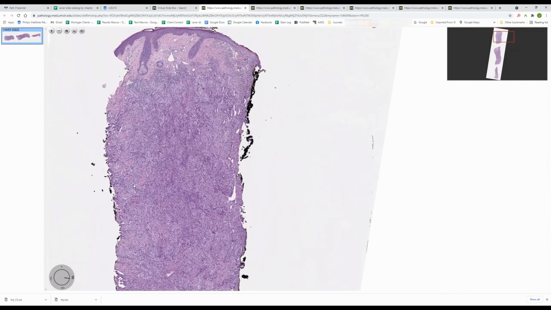Cytokeratin, so in this case, a CK7 and a CK20. If you were worried about maybe a metastatic adnexal tumor, primary adnexal carcinoma, you could add a P63 to that list, an EMA or CEA for carcinomas, and then maybe a Vimentin for sarcoma.